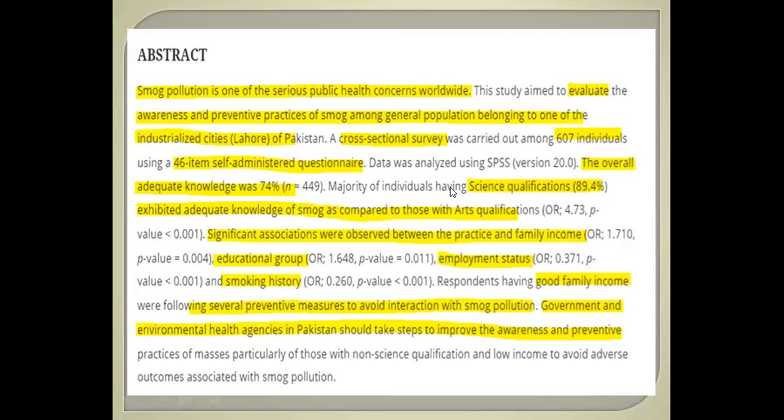A majority of individuals with a science qualification exhibit adequate knowledge of smog as compared to those with an arts qualification. Significant associations are observed between practice and family income, educational group, employment status, and smoking history. Respondents having good family income were following preventive measures to avoid interaction with smog pollution. Government and environmental health agencies in Pakistan should take steps to improve the awareness and preventive practices of the masses.